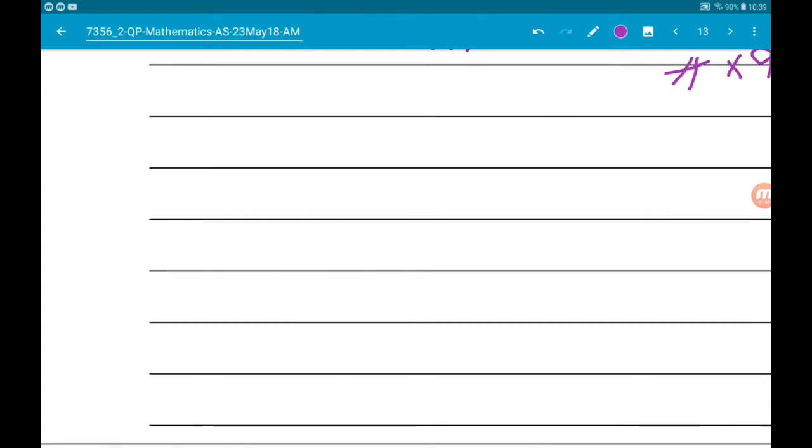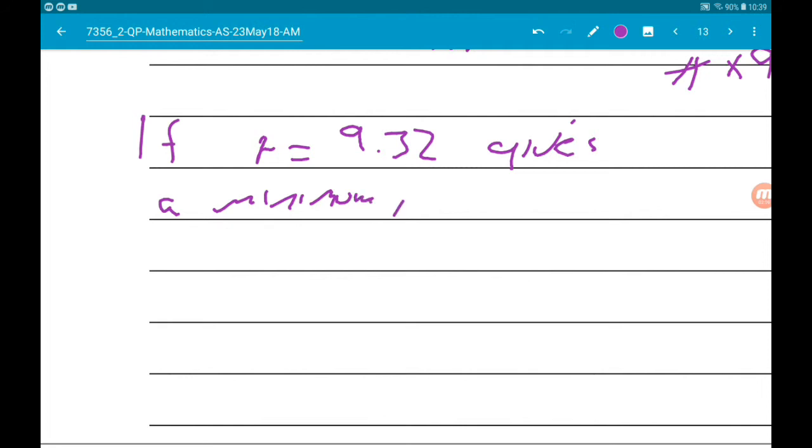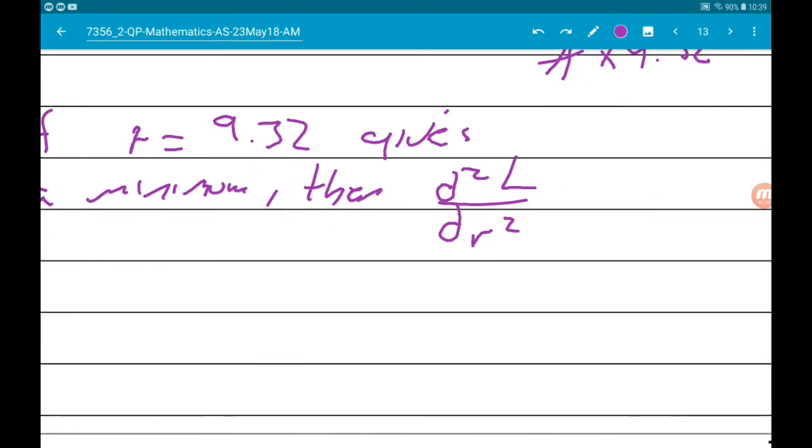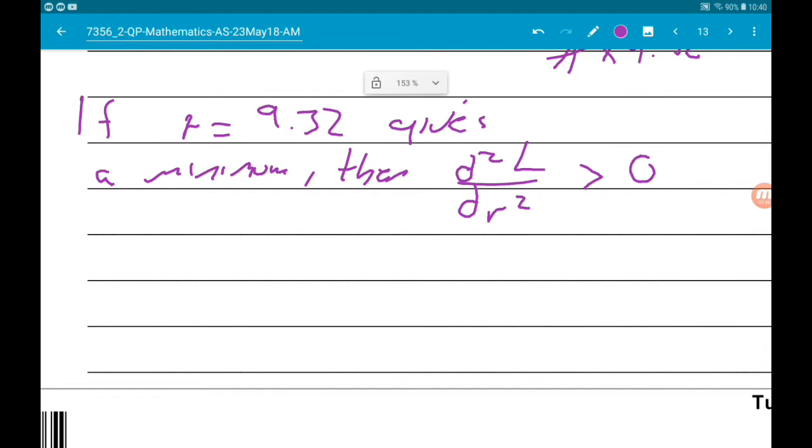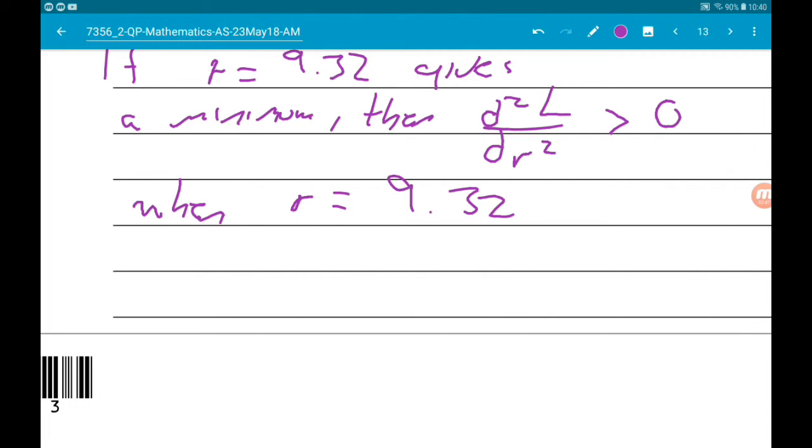So if r equals 9.32 gives a minimum, then the second derivative, d squared L by dr squared, will equal, no it won't, we want a minimum, so the second derivative would have to be greater than 0 when r is 9.32. So we now need to find our second derivative.